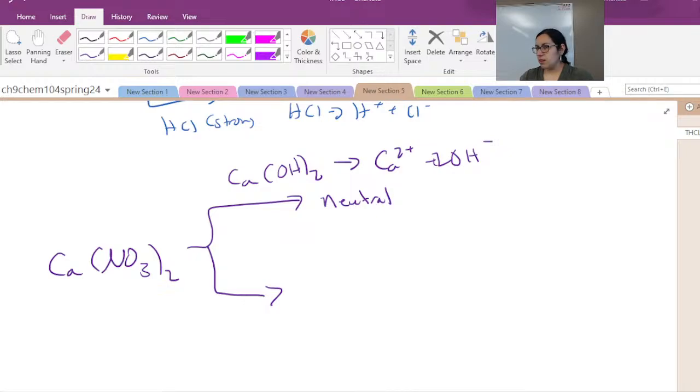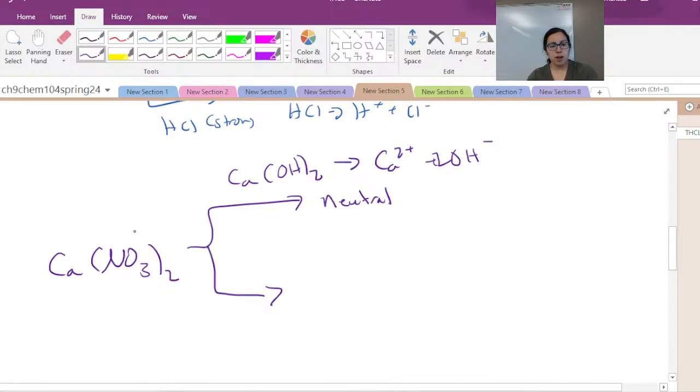Don't overthink it. How do you make an acid out of nitrate? Yeah, so then you have HNO3, that's nitric acid.